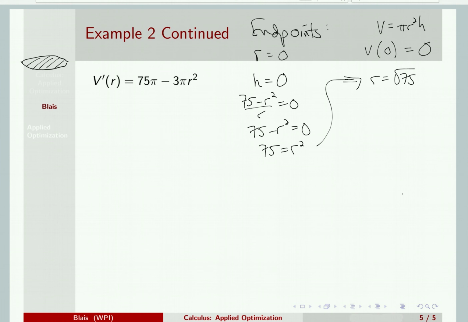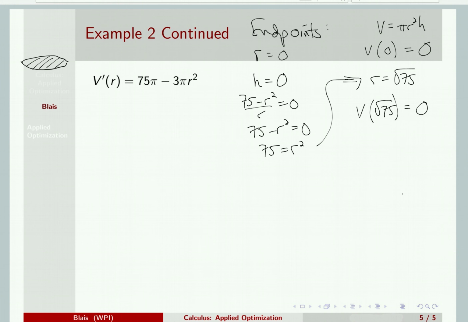We wouldn't use the negative square root of 75 because we're not building a can with a negative radius. And in that case, the volume is pi r squared h. Well, we derived this by doing a can with a height 0, so we see the volume is also 0.